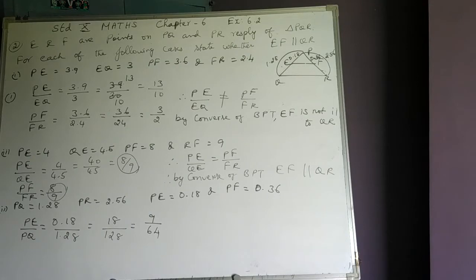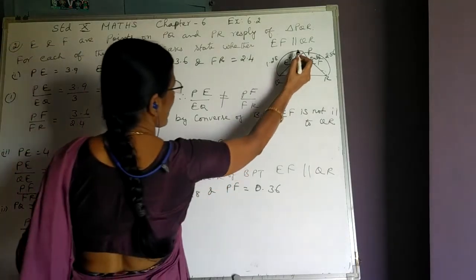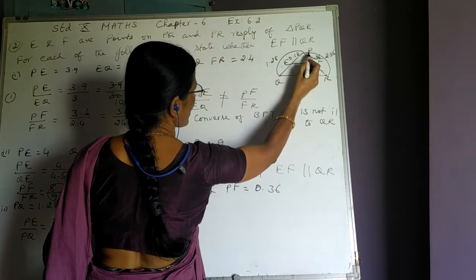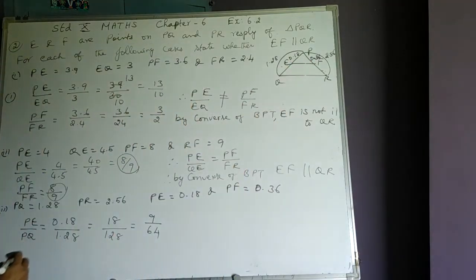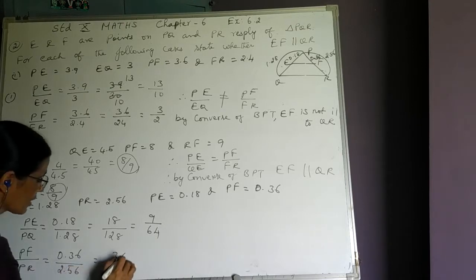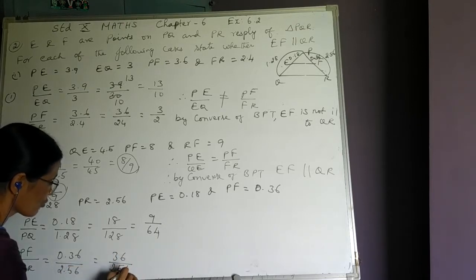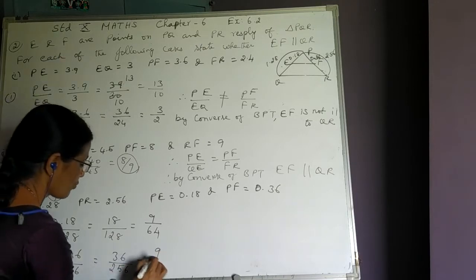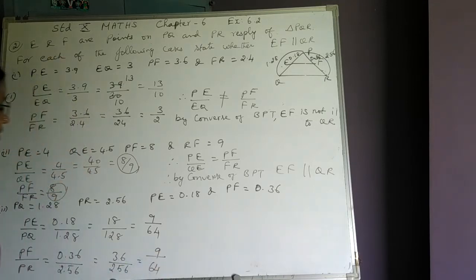Now I take the other side. Because I have taken PE upon PQ, what should I take for the other side? PF upon PR. What is PF given? 0.36. PR is 2.56. Removing the decimal point, 36 upon 256. Reducing by the fourth table, we get 9 upon 64.